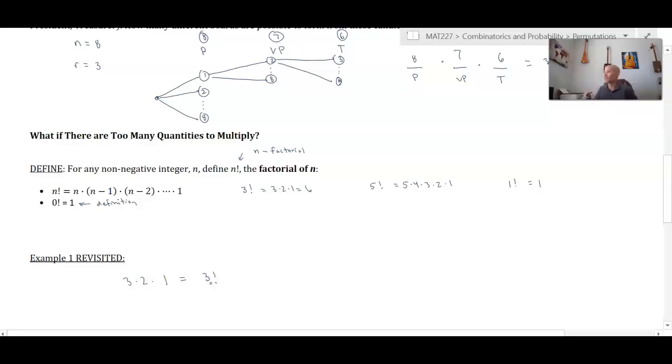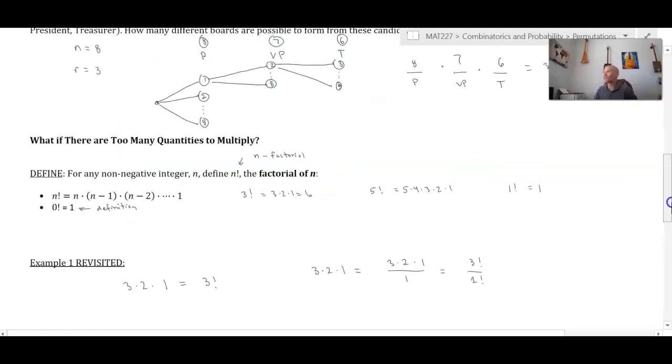Now let me write something here that might seem obvious, but you'd probably agree that 3 times 2 times 1 is equal to 3 times 2 times 1 divided by 1. Nothing fancy going on there, but it still is the same thing. And you might also notice that this is 3 factorial divided by 1 factorial. Why am I writing it like that? Well, in a moment you'll see.